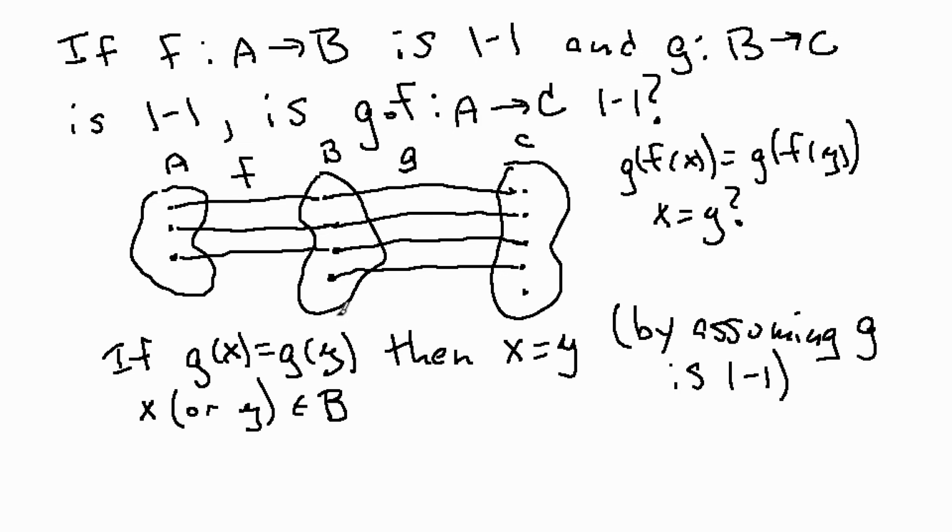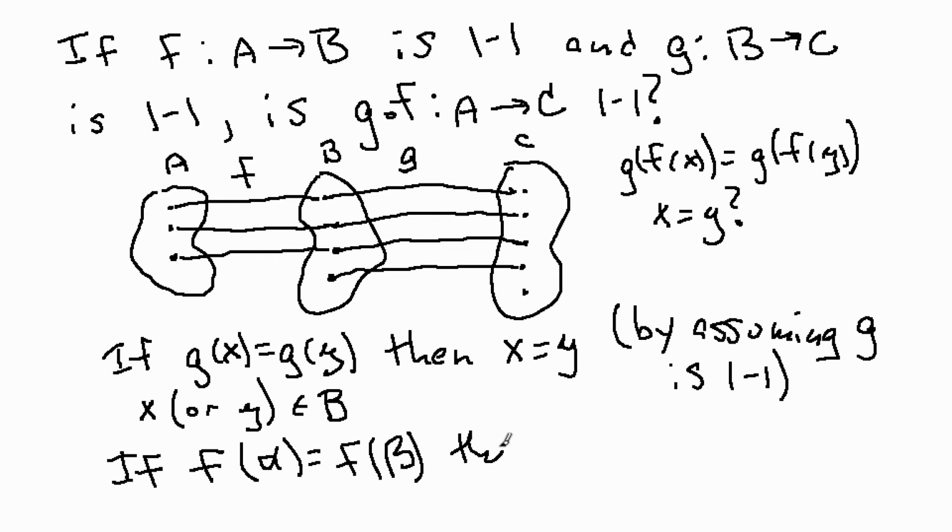Okay? So if g of x is equal to g of y, then x is equal to y. On the other hand, if f of alpha is equal to f of beta, then alpha is equal to beta.